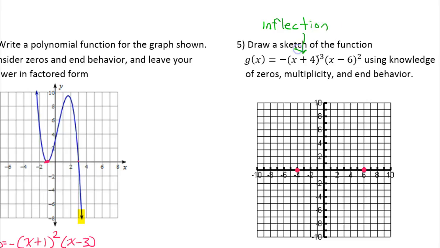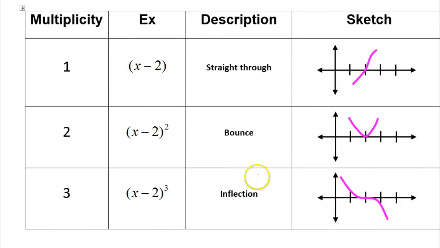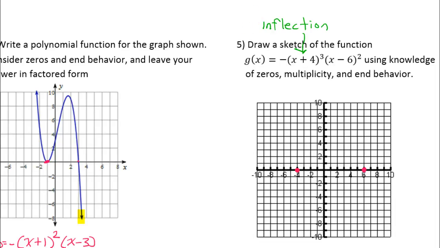So we're going to have an inflection at the -4. And we have learned that when it's a double factor or double root, that's when you're going to get a bounce. So we should have a bounce at 6. So we're going to have an inflection at -4 and a bounce at 6.